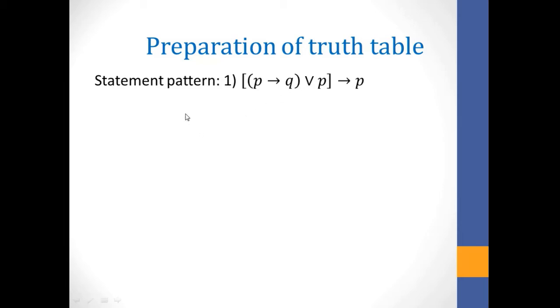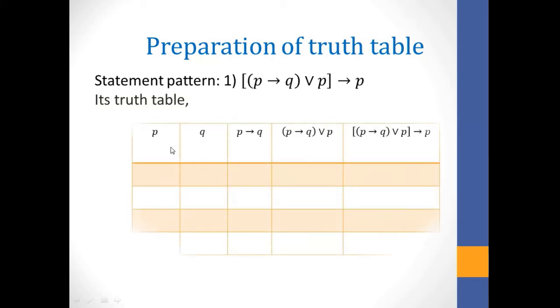So while preparing the truth table, see here how you will prepare it. The number of columns for the truth table will be 5: 2 plus 3, meaning 2 statements and 3 connectives. So the number of all possible columns is 5, as shown in this table.